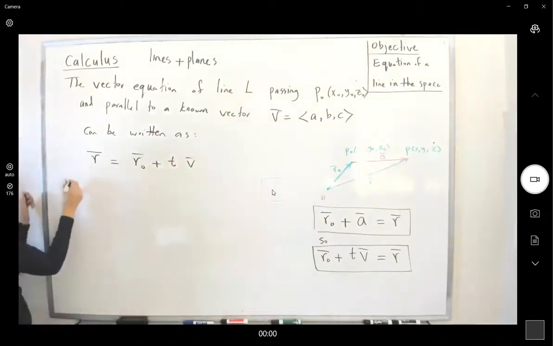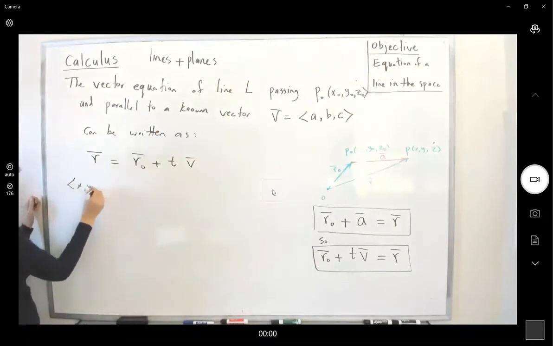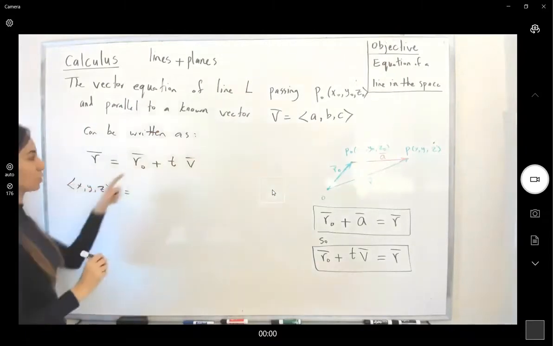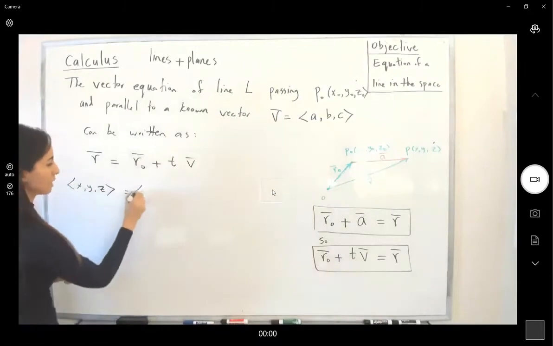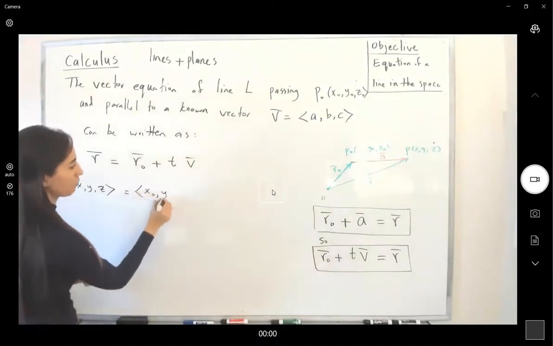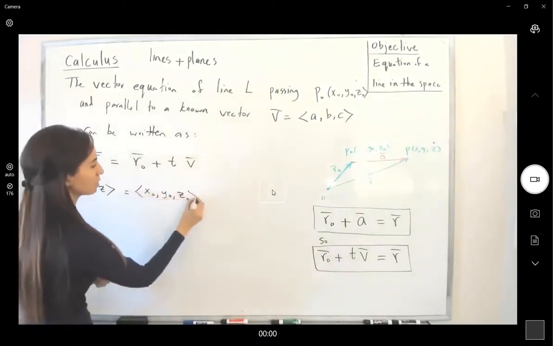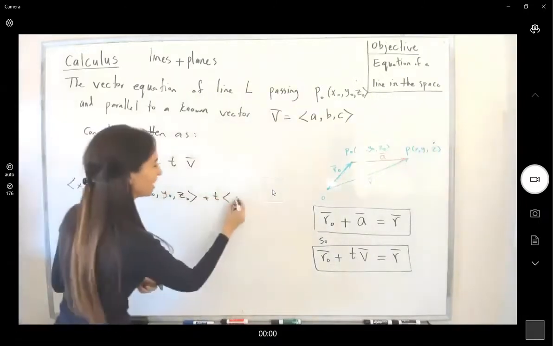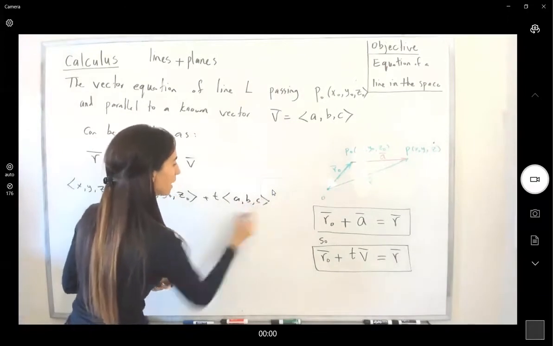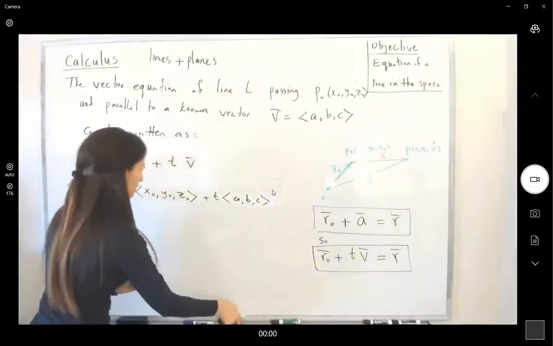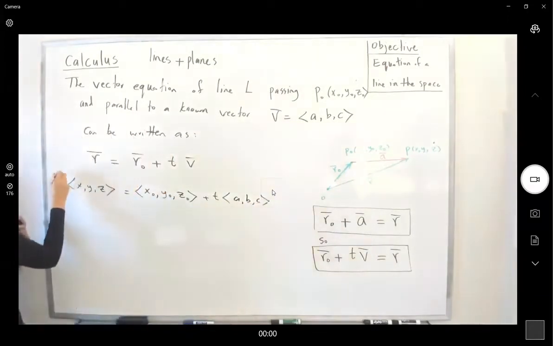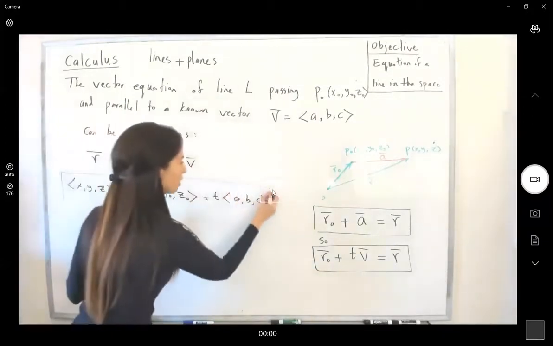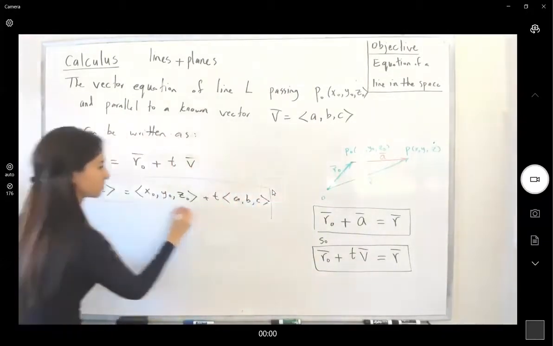Okay, R is vector x, y, z equals R sub 0, which is vector x sub 0, y sub 0, z sub 0, plus T times V, which has components A, B, and C. So this is the vector equation of line L.